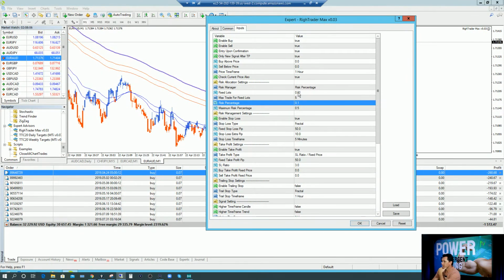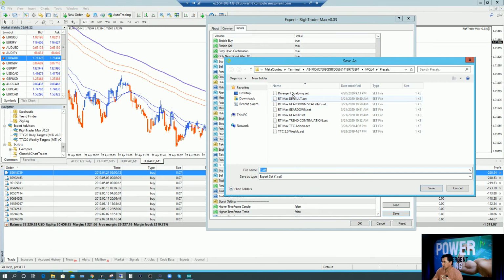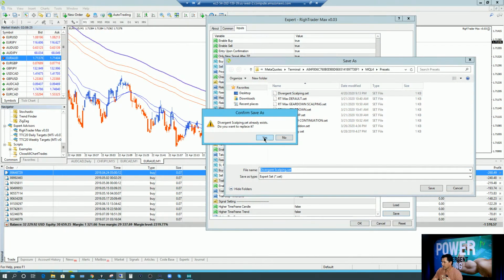Oh no, the risk is, oh yeah, that's right, 0.5% maximum risk, my bad. Okay, yep, that's right. I'm going to just save that again, because I had to make a slight adjustment.